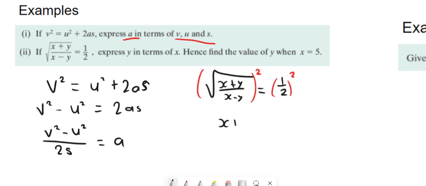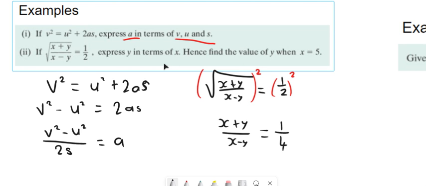So we're just going to have x plus y over x minus y. Whenever you see a square root like that, to get rid of it, you can square, but remember you have to do the same thing on the other side of the equal sign. If I square the other side, 1 squared is 1 and 2 squared is 4. We can just square both things individually.